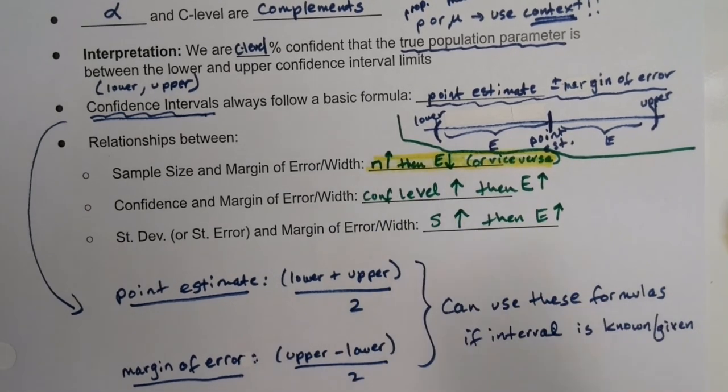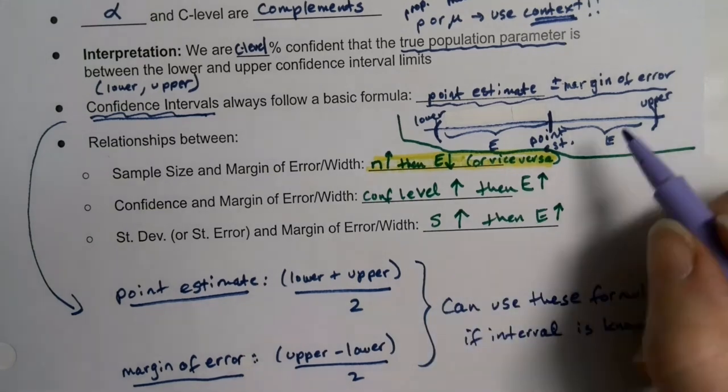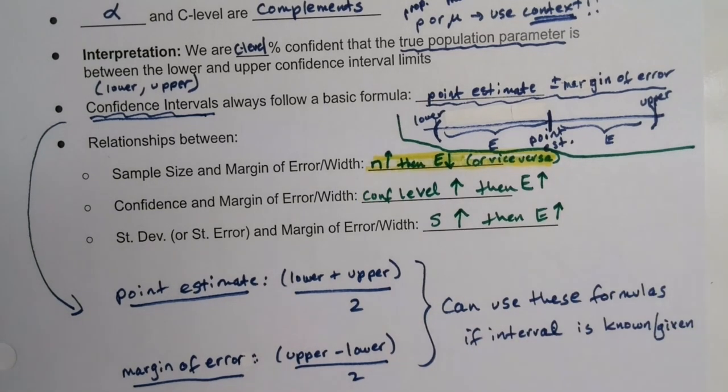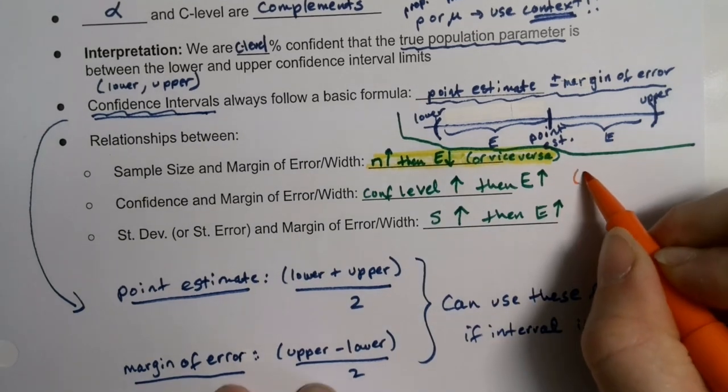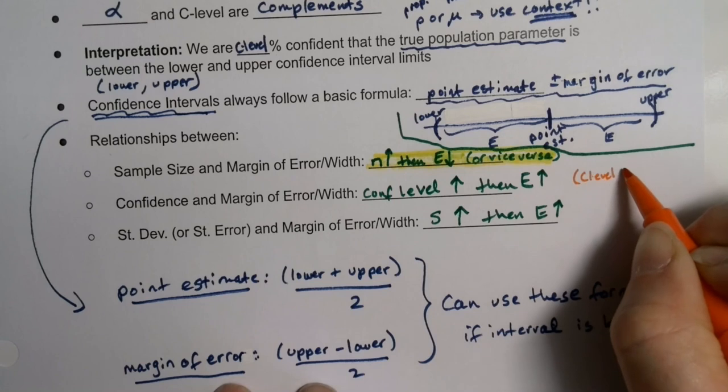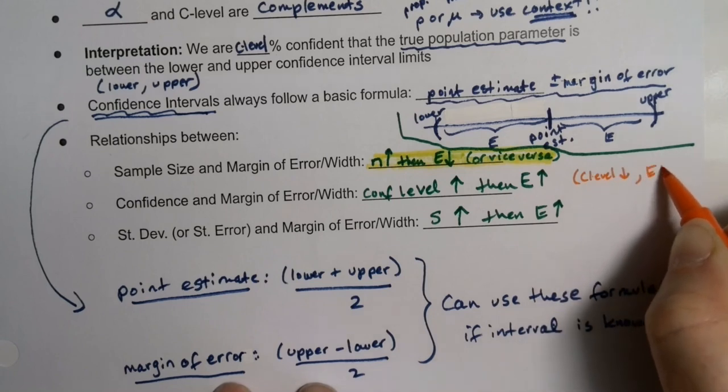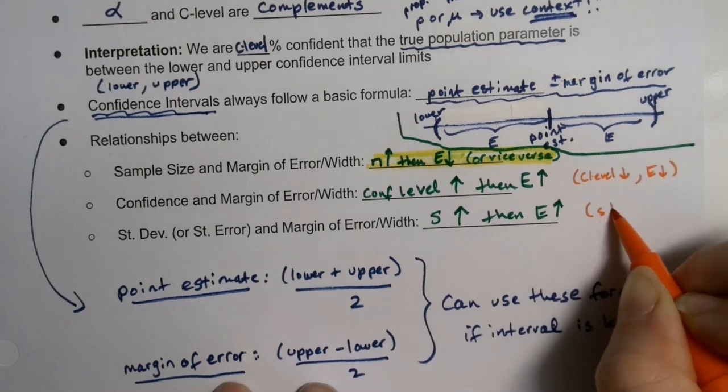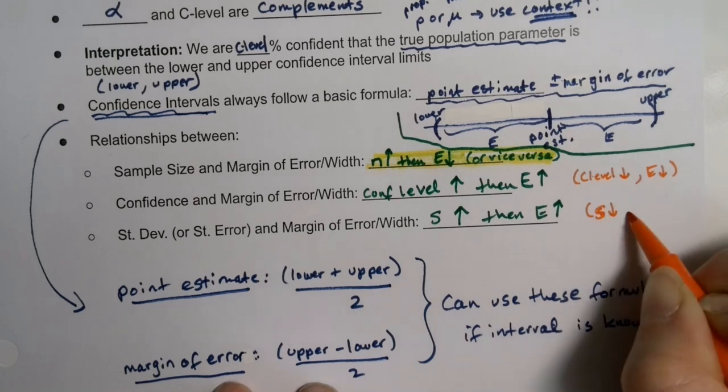Because this one has an inverse relationship. If sample size goes up, error goes down, and vice versa, right? They're on a teeter-totter together. Whereas these other two, they're actually working together. If confidence level goes up, error goes up. If S goes up, error goes up. And similarly, if C level goes down, error goes down. If S goes down, S being the standard deviation, error goes down, right?